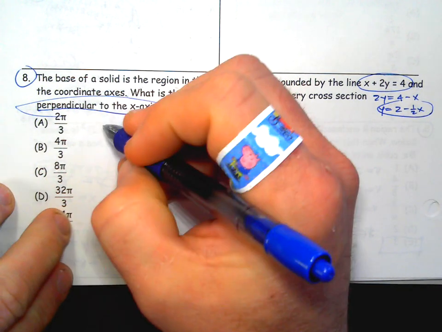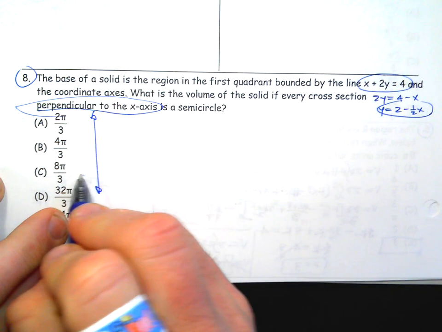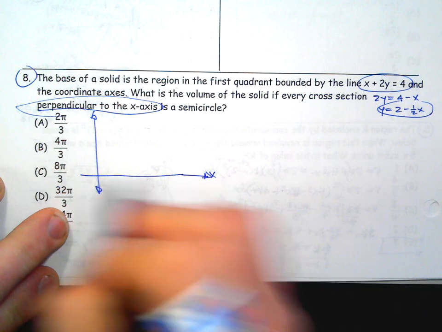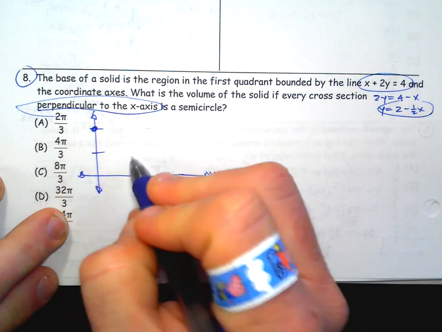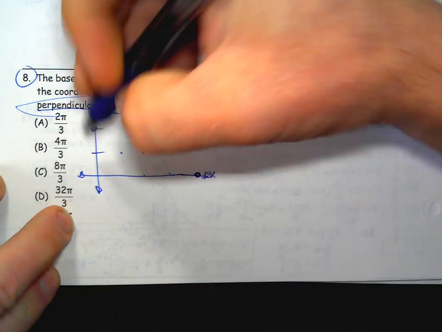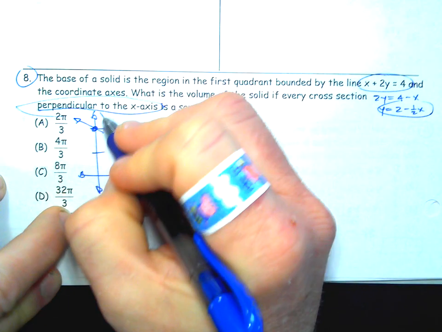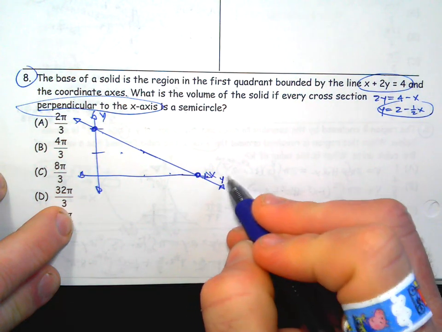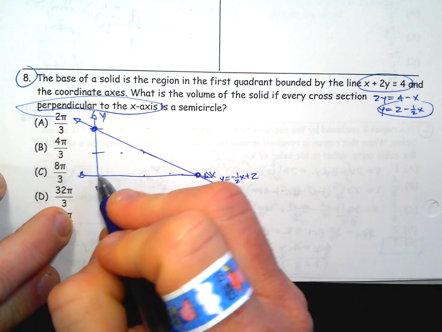So that graph is going through 2 and goes down 1 over 2, down 1 over 2. And this is our region.